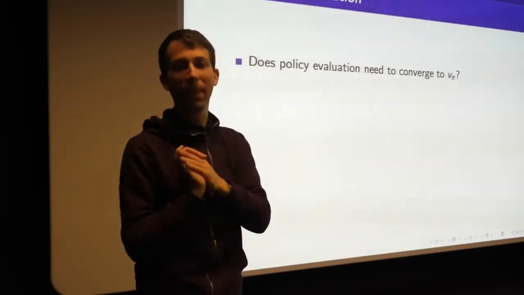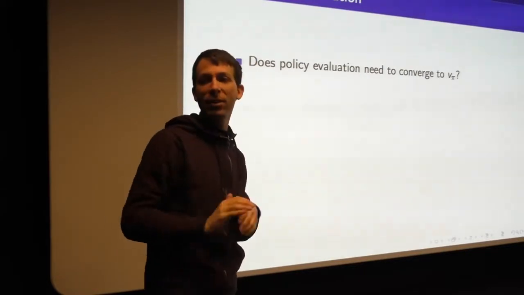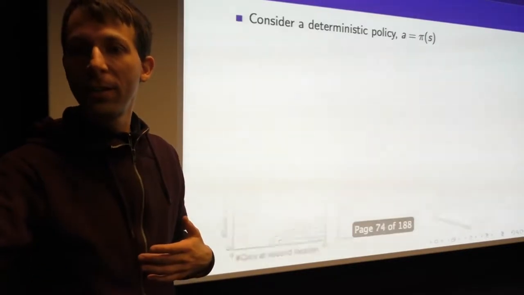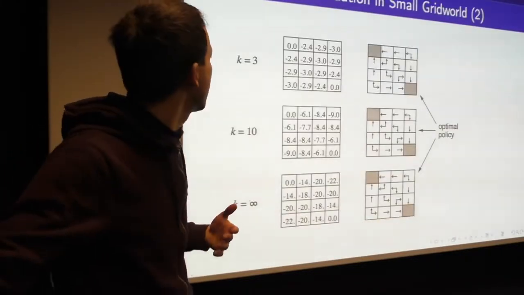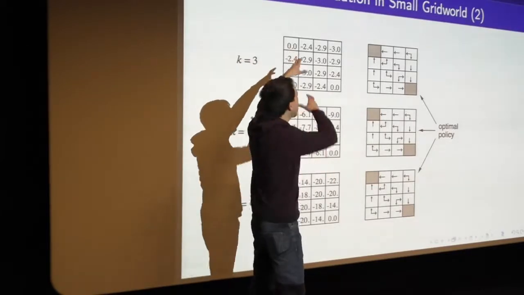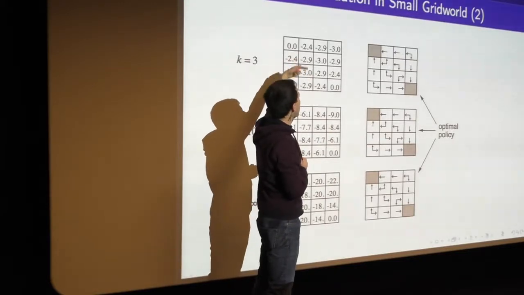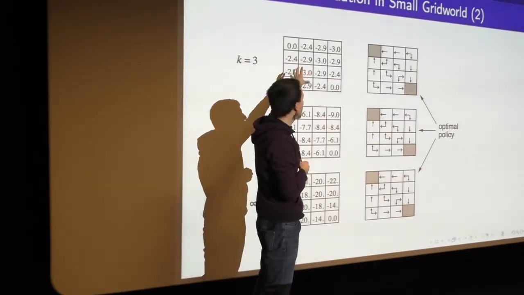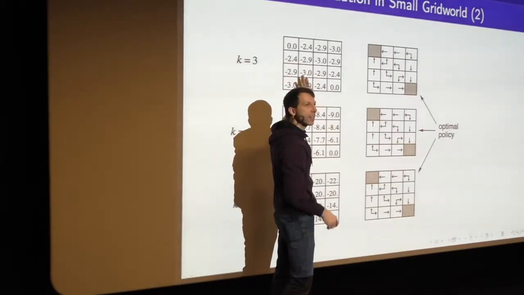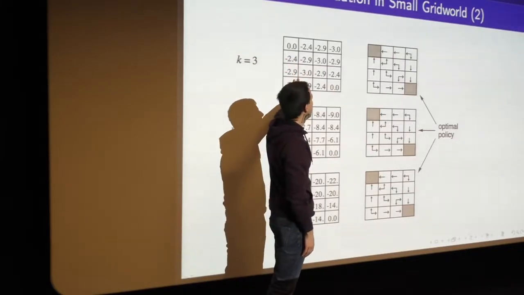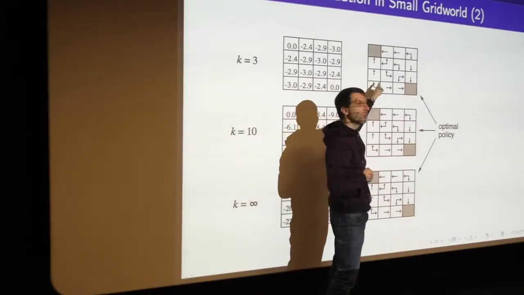Okay, so there was a great question there. If we go back to our example of the small grid world, we saw that even after doing a very approximate job of figuring out the value of our policy, even if you didn't figure out exactly your V pi, even if you just did a few iterations of your Bellman expectation equation, you got some very crude estimate of how good each state is, and acting greedily with respect to that was already enough in this problem to come up with a much better policy.